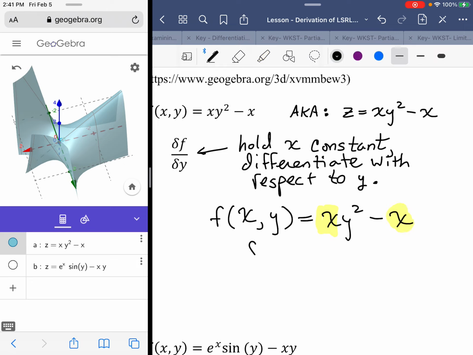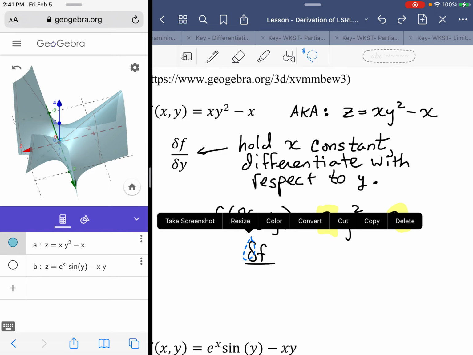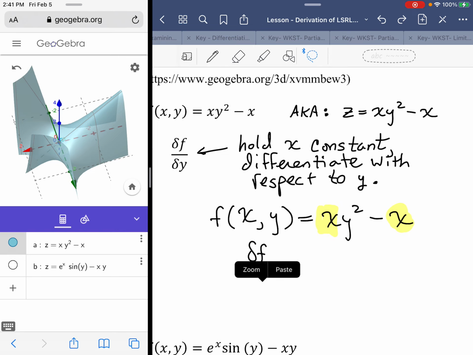So when I want to find the derivative of this function with respect to y, my deltas tend to go off the rails sometimes. They either end up looking like D's or they end up looking like 8's.